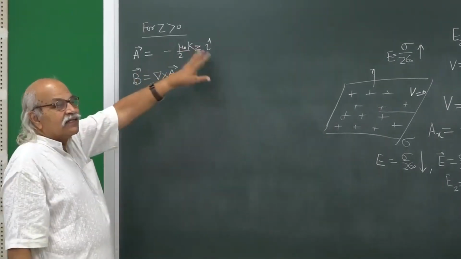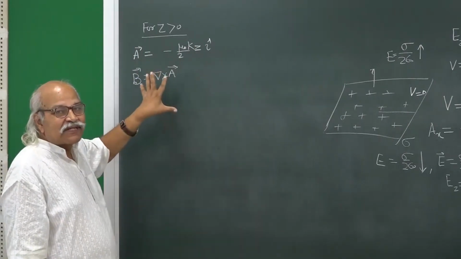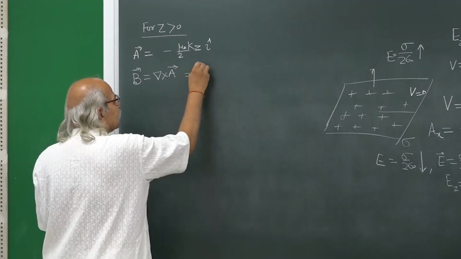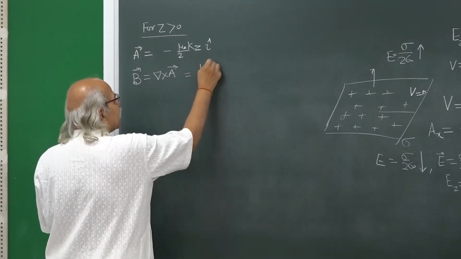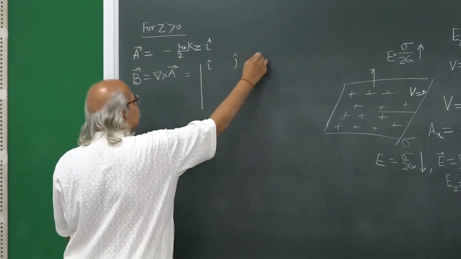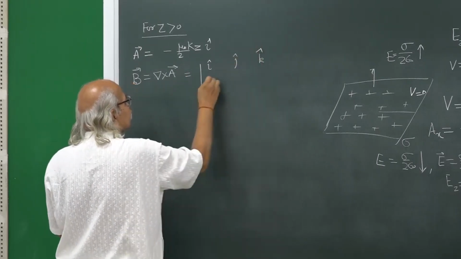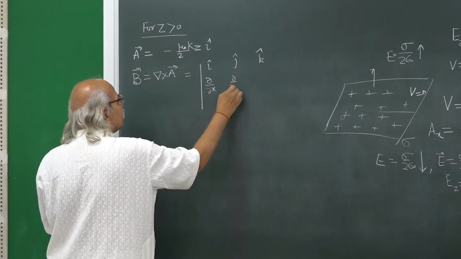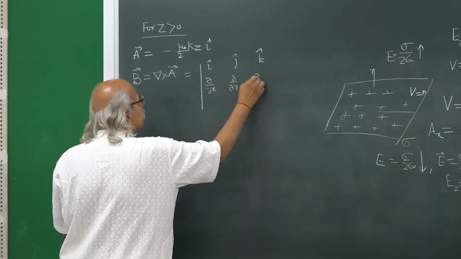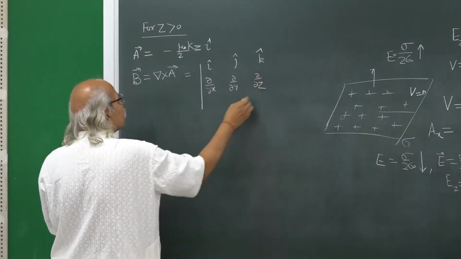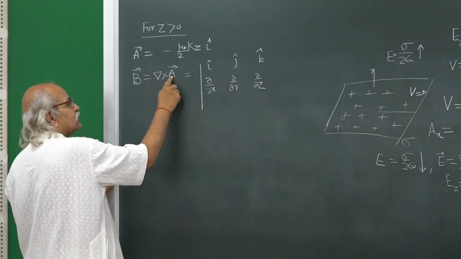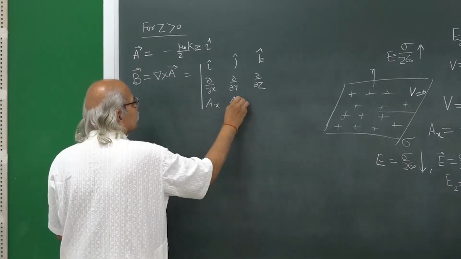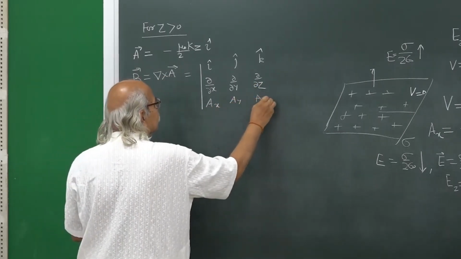This is all in Cartesian coordinates, so our expression is simple. For getting this curl, you can write the determinant: i cap here, j cap here, k cap here, del x here, then del y here and del z here, and then the x component, y component and z component.